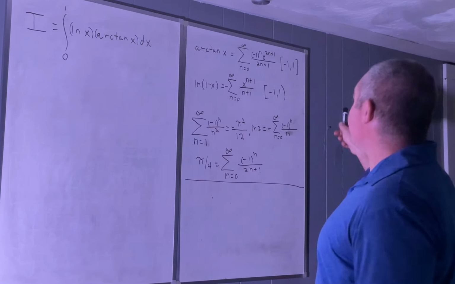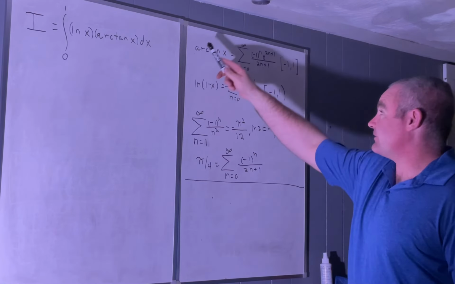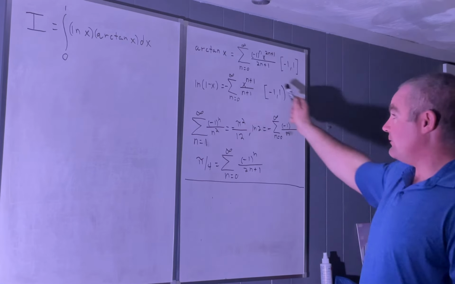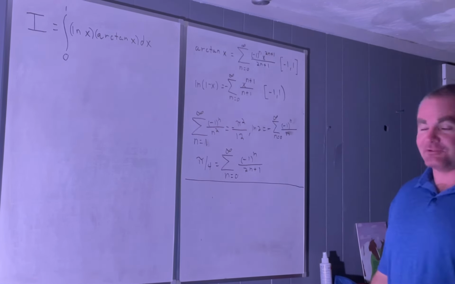Okay, we're going to be using a lot of facts. We're going to be using this representation for the arctangent, which I won't go over. We're going to be using this representation for the natural log of 1 minus x, which I also won't go over.